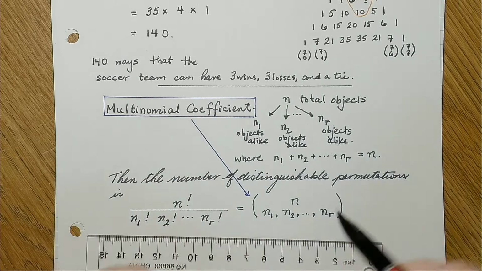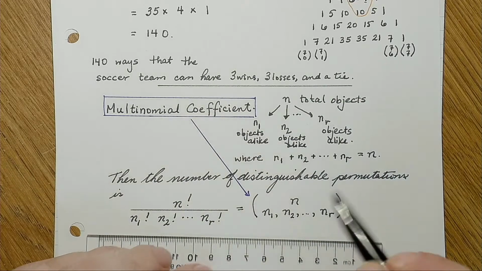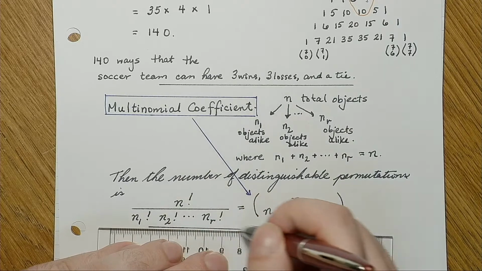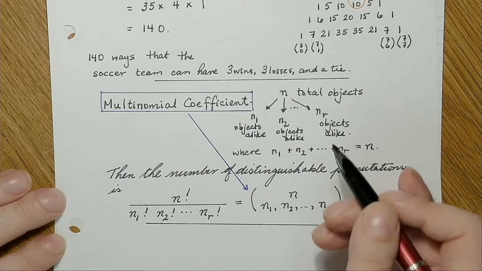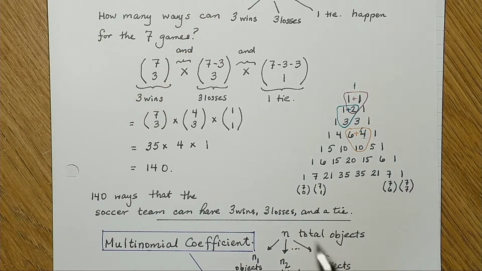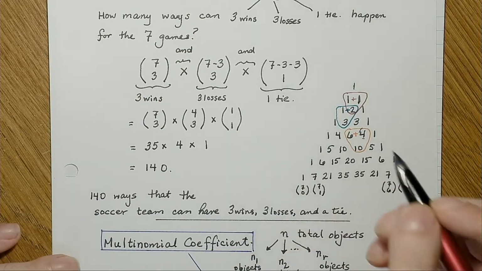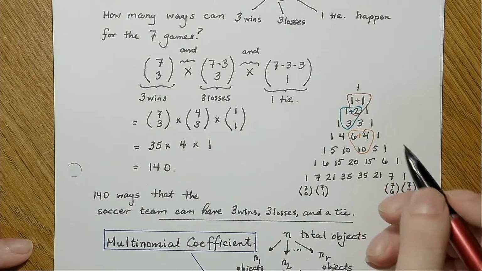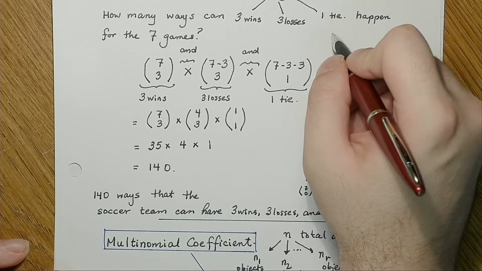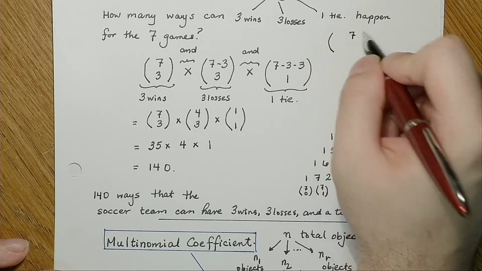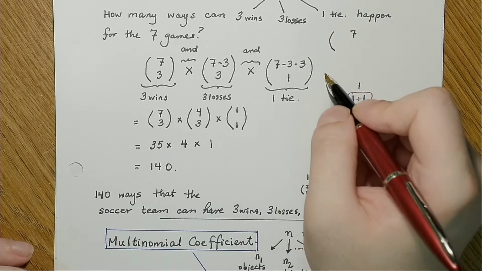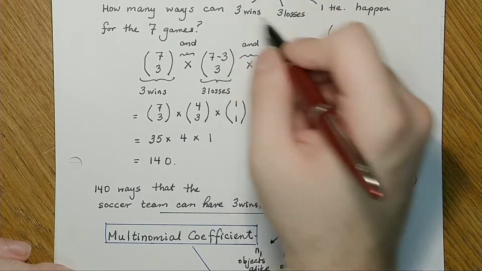Okay, so if I wanted to think about this soccer team, I could have also written it as a multinomial coefficient. I have 7, and then I have 3 wins, which is 3 objects alike.